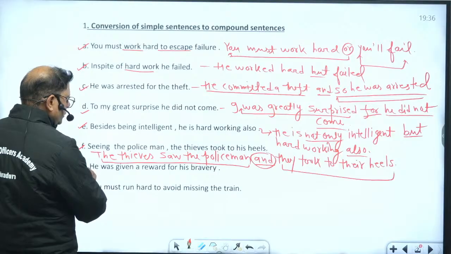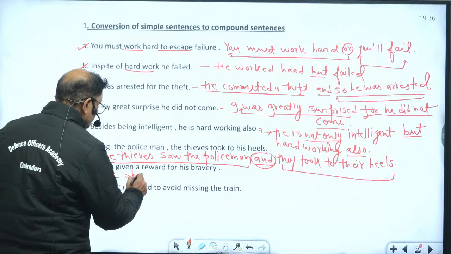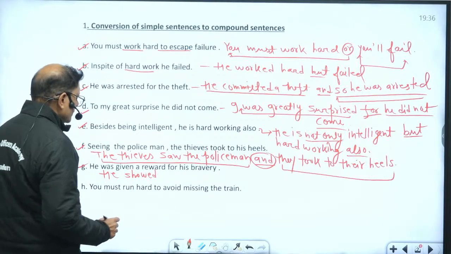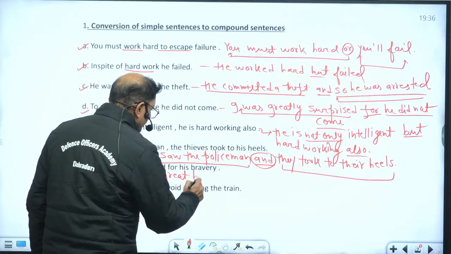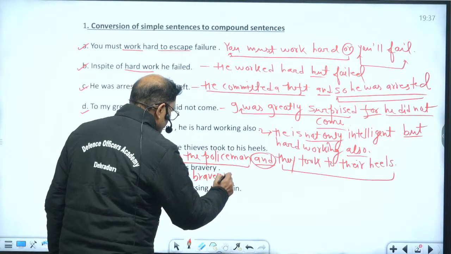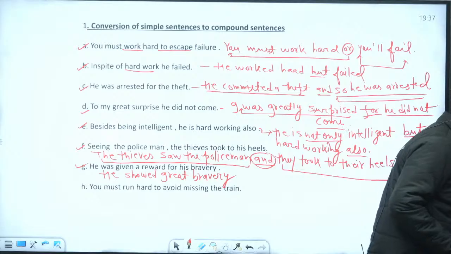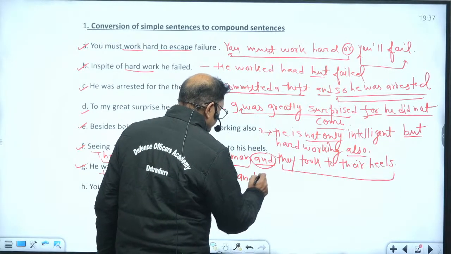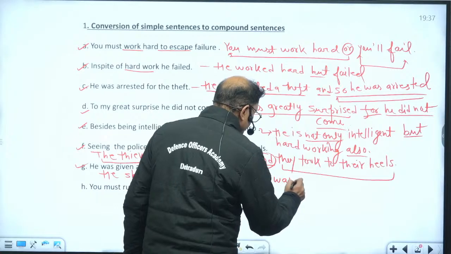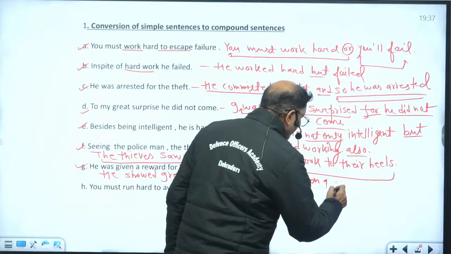He showed great bravery, okay, and he was given a reward.